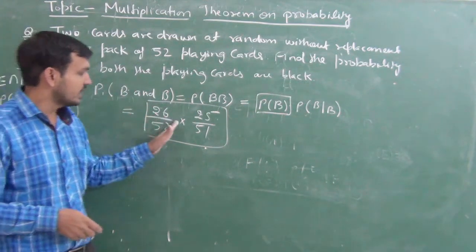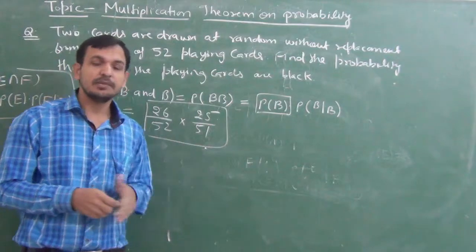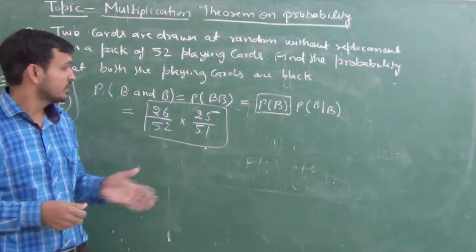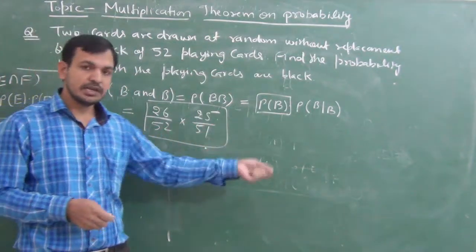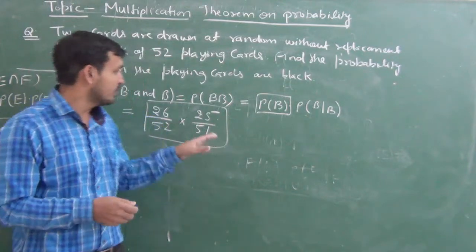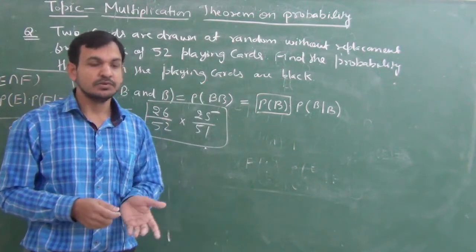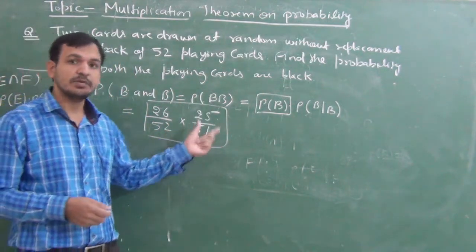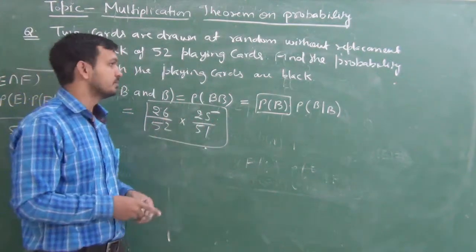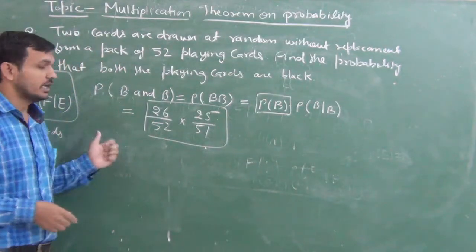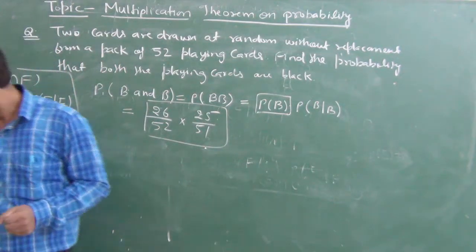And after that, since we are not replacing the card into the same pack, if we take out another card, now we have only 51 cards in total and 25 black cards. So the probability of taking out another black card will be 25 upon 51. Now let's take another question.